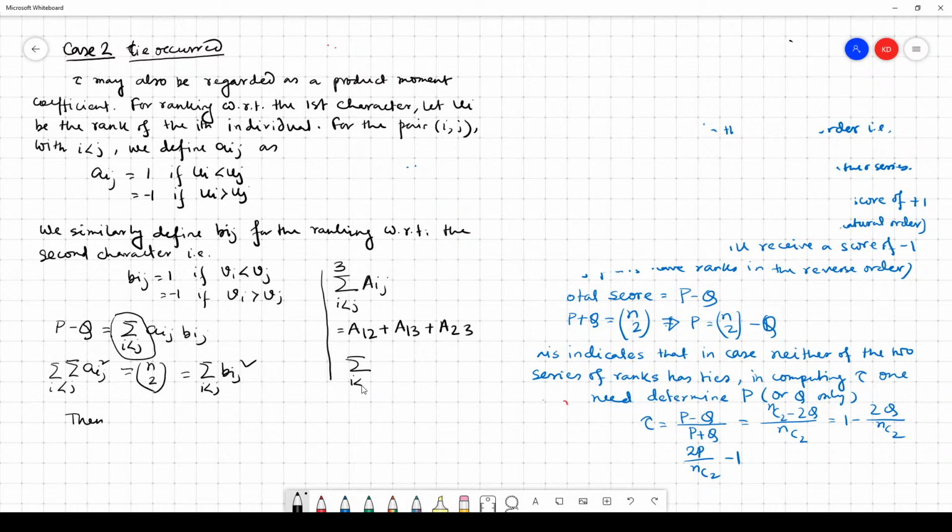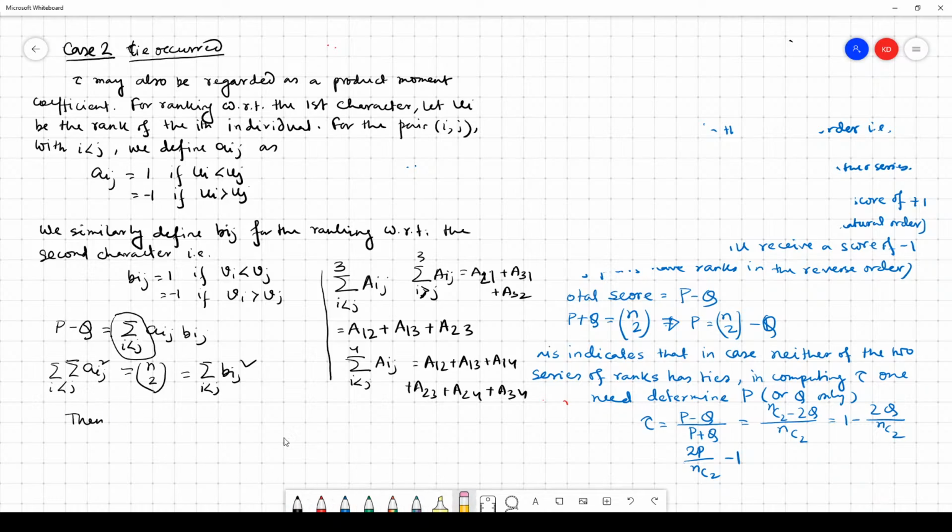Similarly, for n equal to 4, ij means 12, 13, 14, a23, a24, a34. And if i greater than j, this means a21, a31, a32, and so on. So this is the procedure. In that way we can define this summation over i less than j.